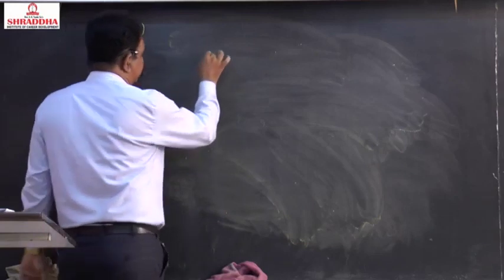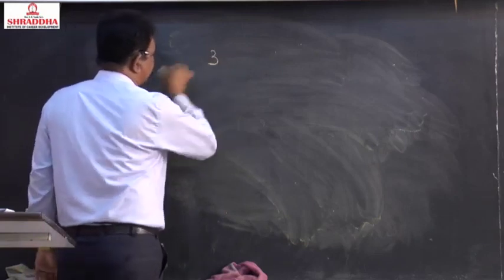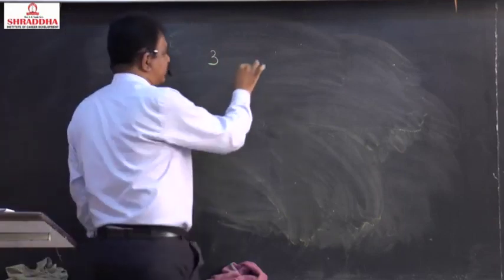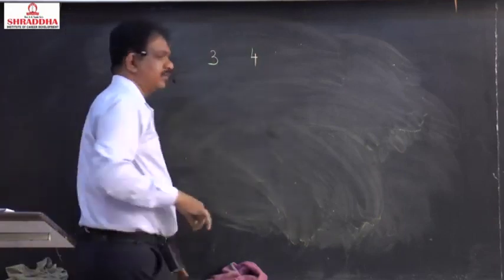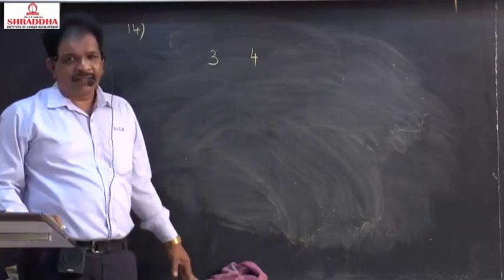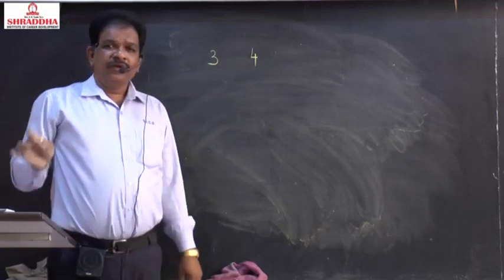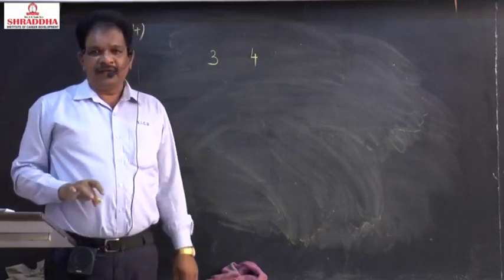Two vectors are there. One vector's magnitude is 3, another vector's magnitude is 4. These two are added.